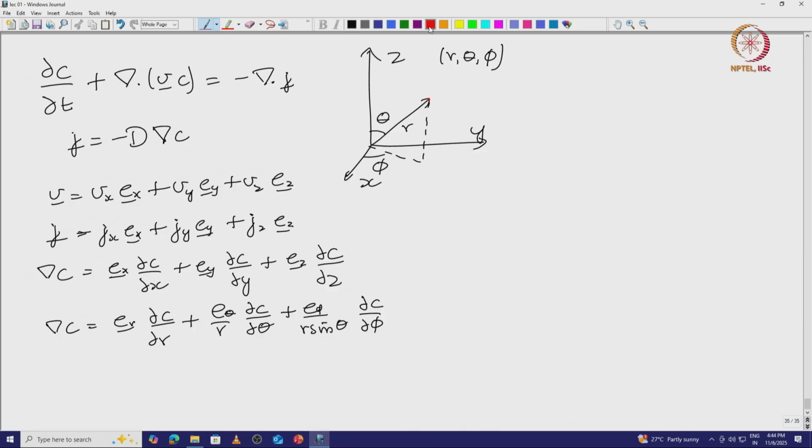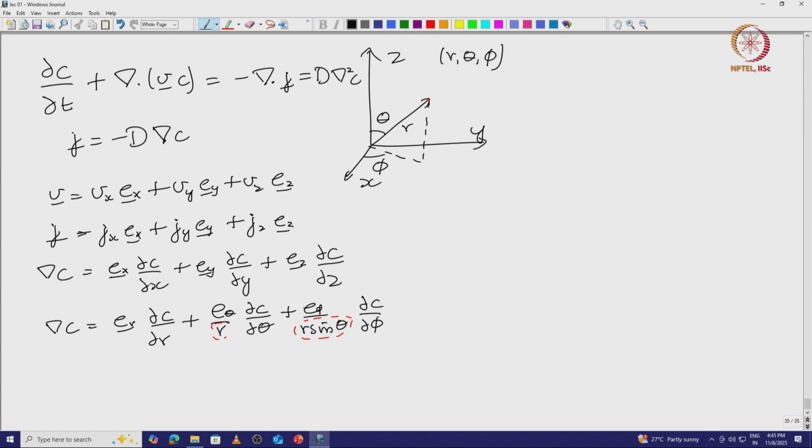That is the gradient operator, where these terms here are the scale factors which are required to convert the increment in angle into an increment in distance. And if the diffusion coefficient is a constant, the conservation equation just becomes D del square c.